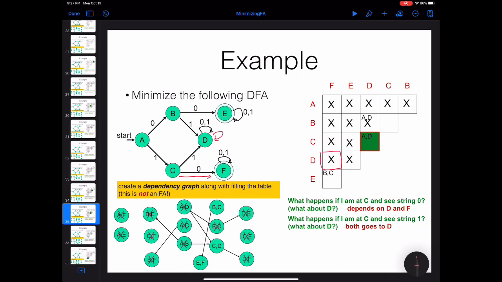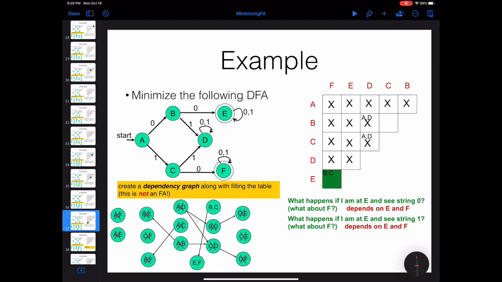I know that this cell is going to be marked as not equivalent. Whenever you check that they are not equivalent, you also need to update all of their dependencies as well. So the corresponding cell A and D will also be marked. If it was not marked before, we would mark it as not equivalent, but it has already been updated. Anyway, it's not going to change anything for me.